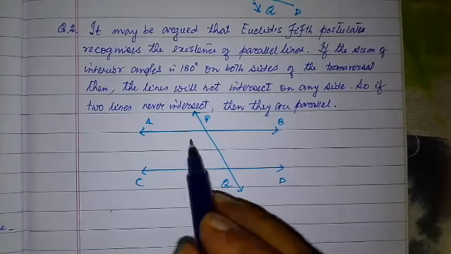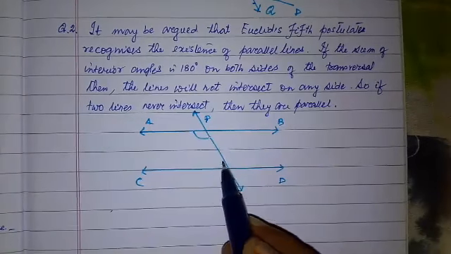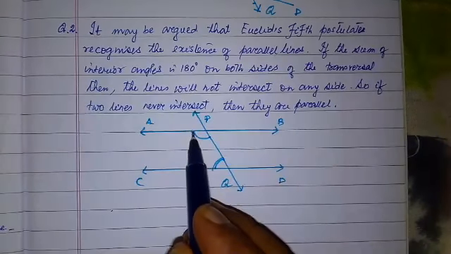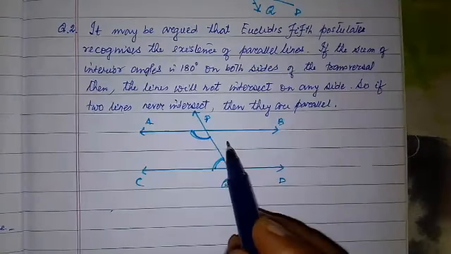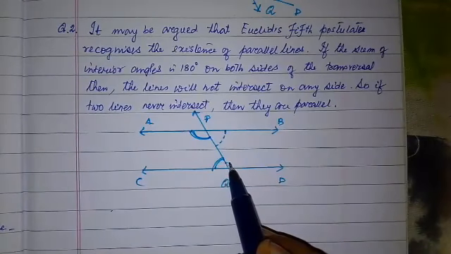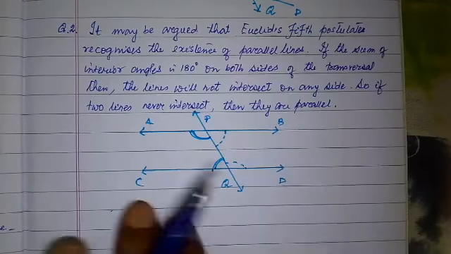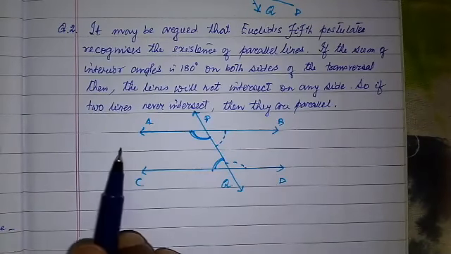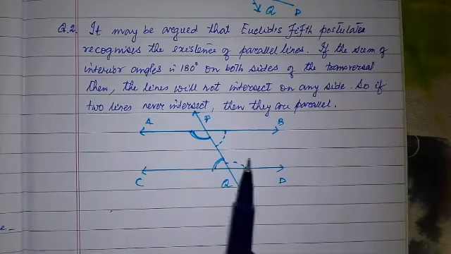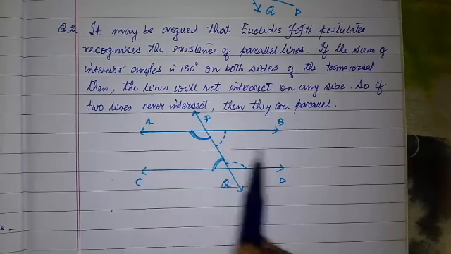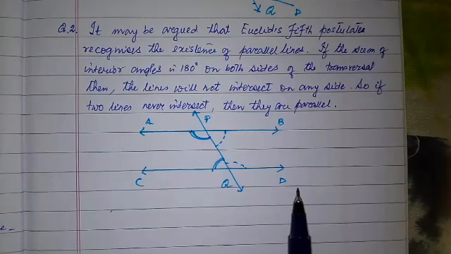Now if it is that the sum of interior angles to the same side of the transversal is equal to 180 degree on both sides, then the lines will not intersect on any side if they are produced.